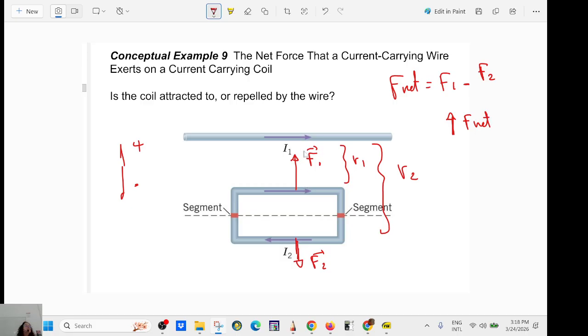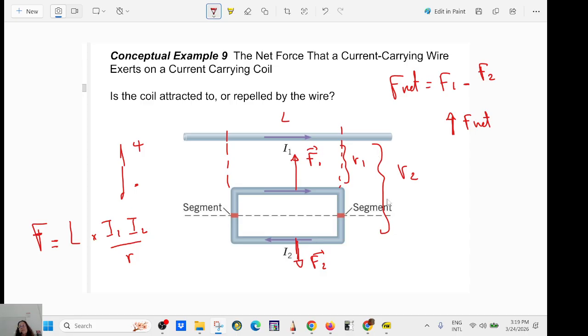So they will attract. Does that make sense? Because the magnitude of the force is the length of the segment here, times I1 I2 over the distance.